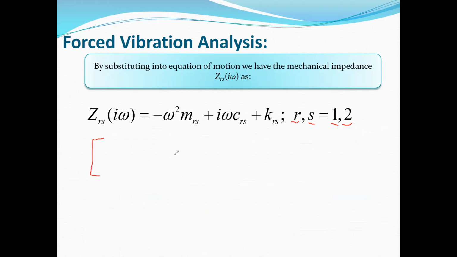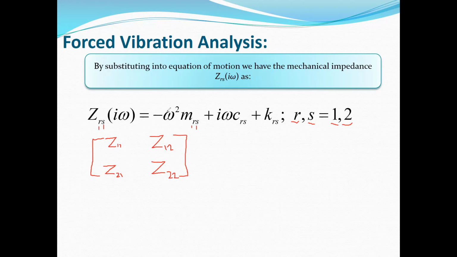The first row and first column is Z11, the first row and second column is Z12, the second row and first column is Z21, and finally the second row and second column is Z22. So here you can substitute, for example, for Z11, r is 1 and s is 1.